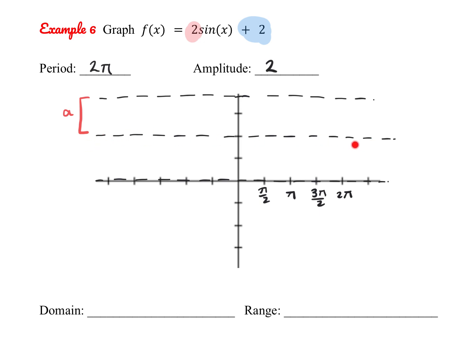Our midline has been shifted up, and then from there I go up A and down A. So I'm going to start at the midline because it's a sine graph, but now my midline's up here, and now I just follow my pattern. Up, middle, down, middle. And I'm done.